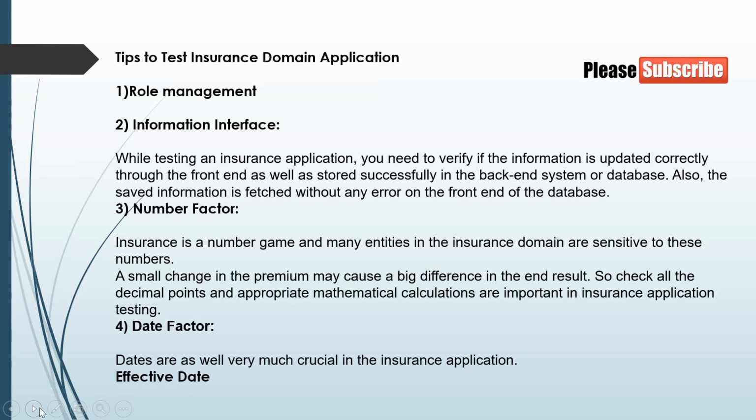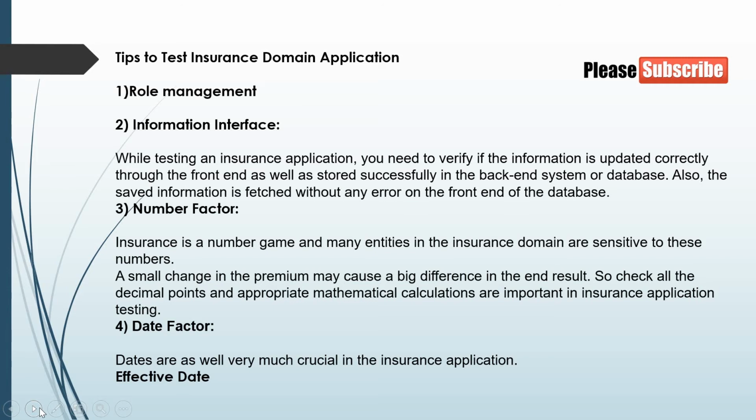There are various areas like claims, annuities, policy administration, quoting system, rating engine, etc., where these roles and permissions are required. These are the things you have to remember, like where roles and permissions are required.